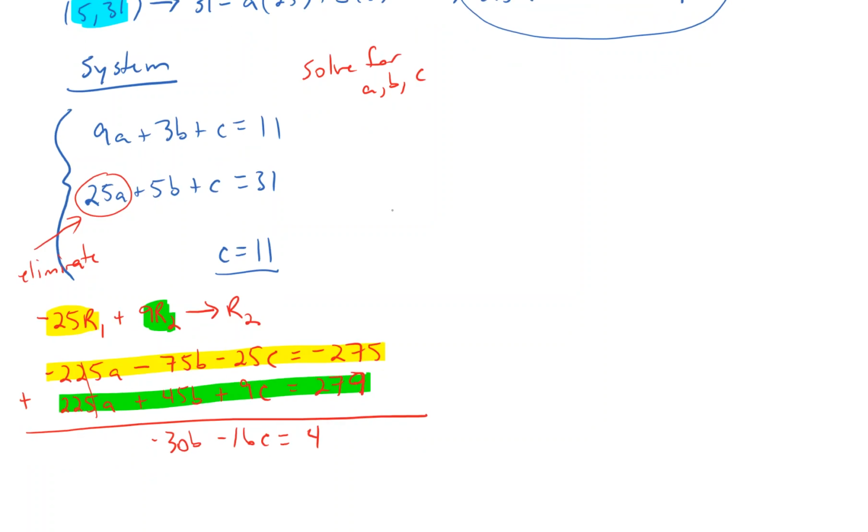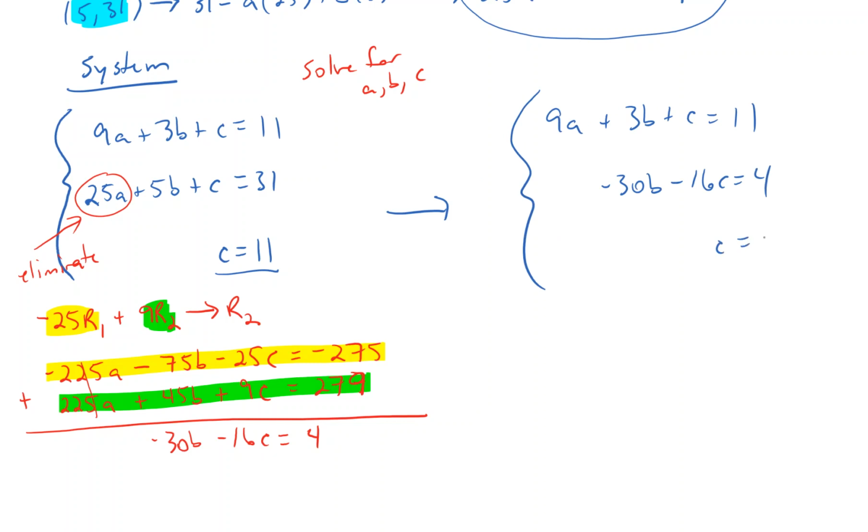So I've got a new system. 9a plus 3b plus c equals 11. I didn't change that. Row 2 is now negative 30b minus 16c equals 4, and row 3 is c equals 11. And so I've created a void here in the bottom left corner, which is attractive when you're trying to use elimination. Now we just have to back substitute.